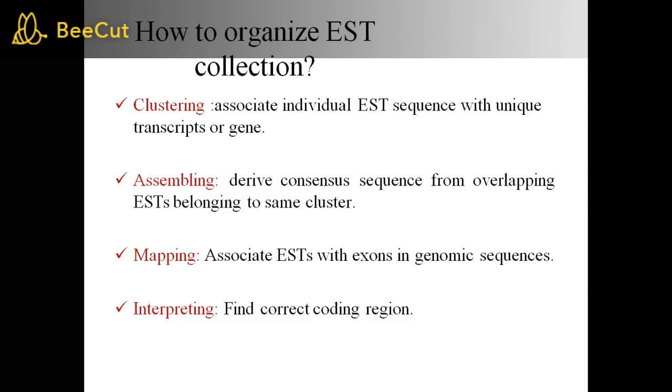Then in assembling, derive the consensus sequence from overlapping ESTs belonging to the same cluster. In mapping, associate the ESTs with exons in genomic sequences. And fourth, interpreting, find the correct coding region. By using this, we can organize the expressed sequence tag collection.